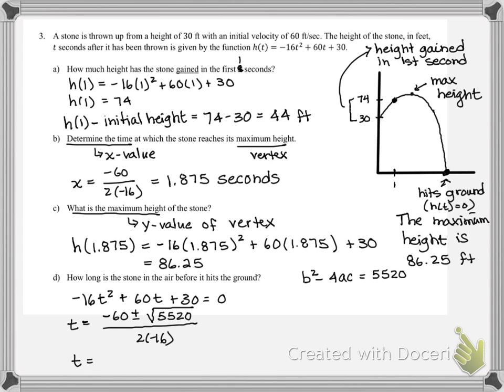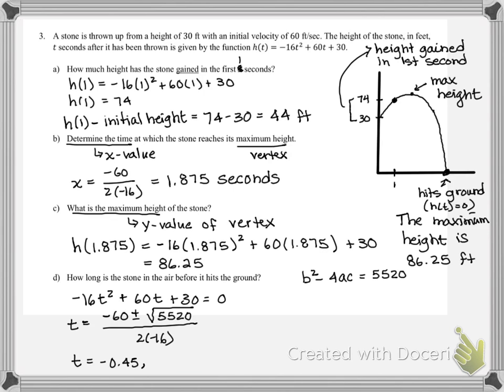Oh. That should be a 1. Okay, there we go. So we get negative 0.45. And then to do the other one, you don't have to type it all in again.